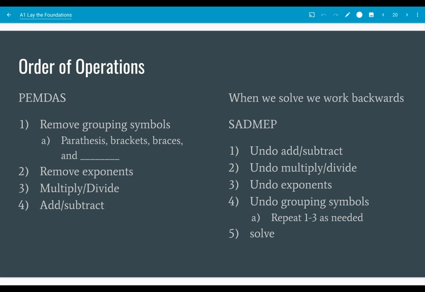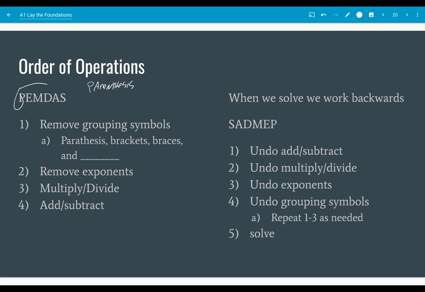So next, we're going to look at order of operations. So order of operations, hopefully you remember PEMDAS, all right? Or please excuse my dear Aunt Sally. Okay. The P, of course, is parentheses, okay?